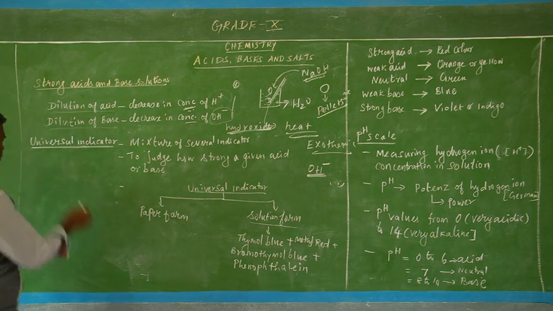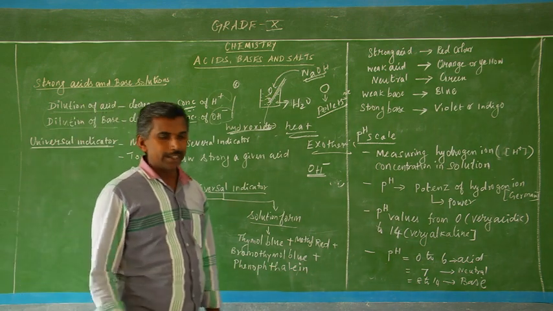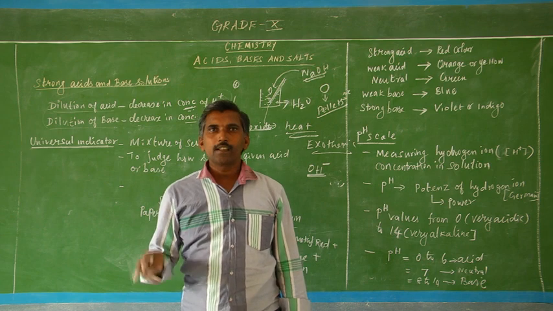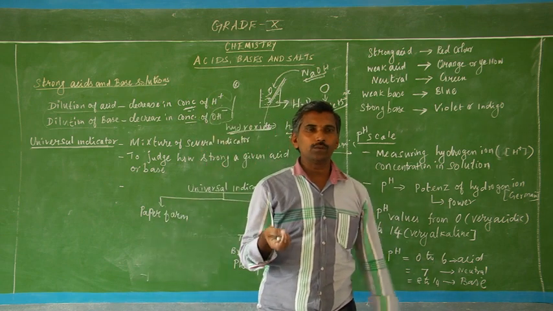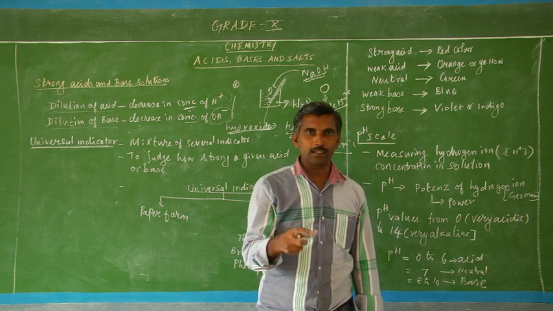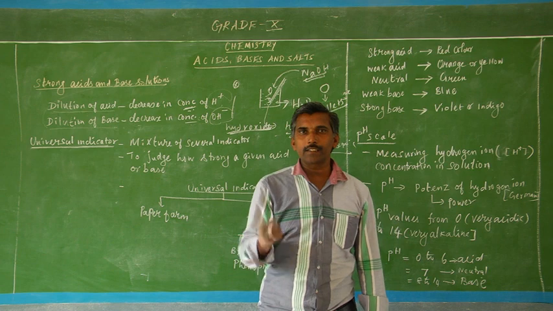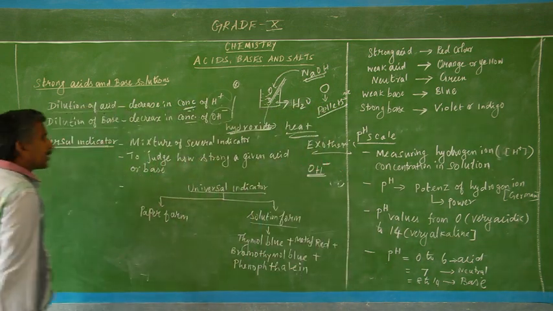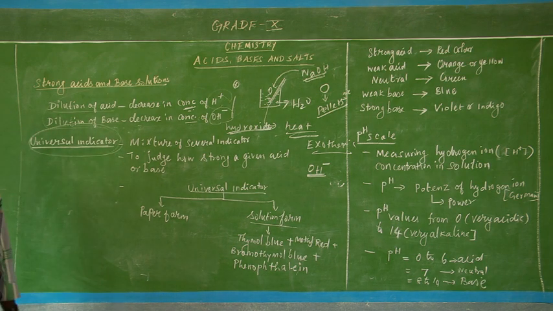Now, the next topic is universal indicator. In the previous class we learned about indicators: natural indicator, synthetic indicator. Those indicators only change color. It's qualitative, meaning it tells whether the given substance is acid or base. But now we are discussing universal indicator.